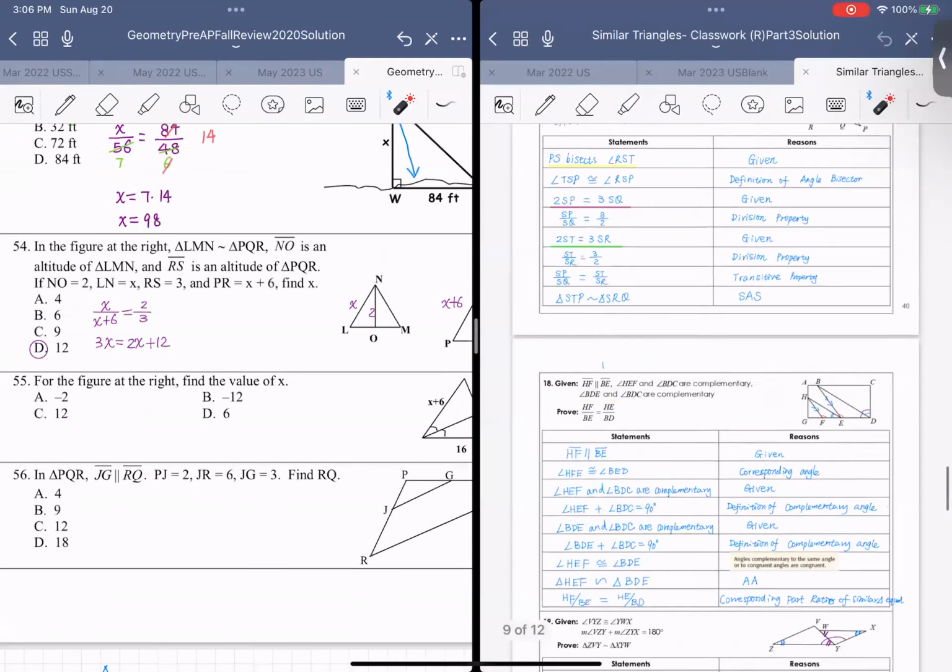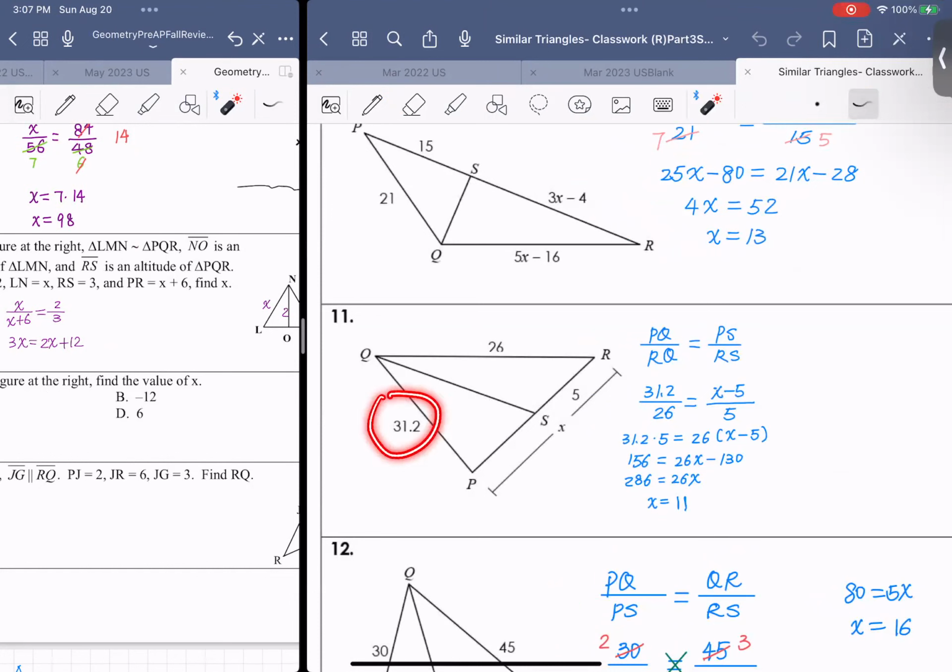When you have the angle bisector, which means these two pieces are equal, then you always have this proportion. This over this equals this over this. If you want to write this on the top, that's fine. But you cannot call this piece x because the total is x.